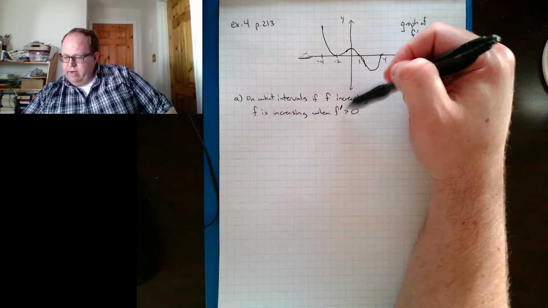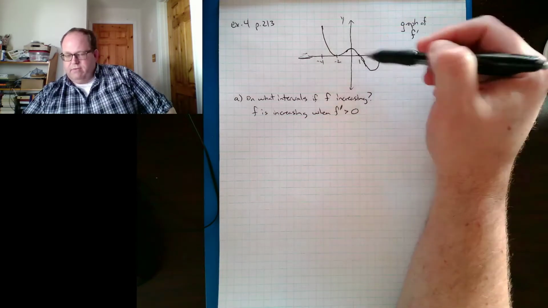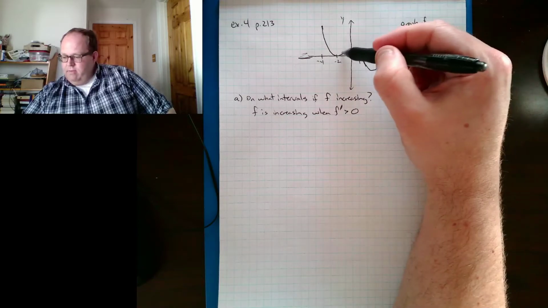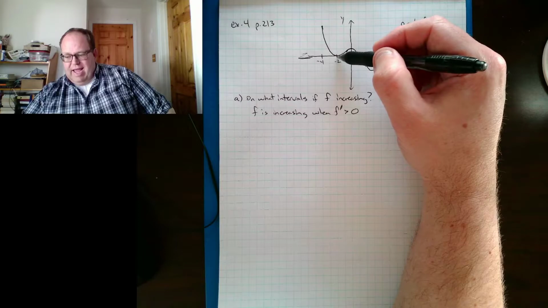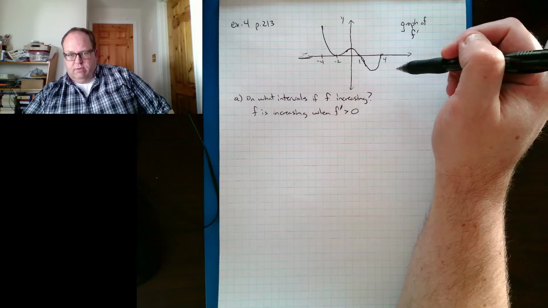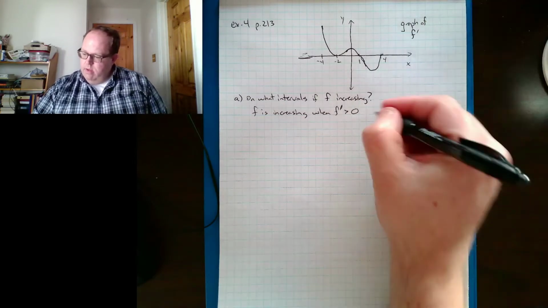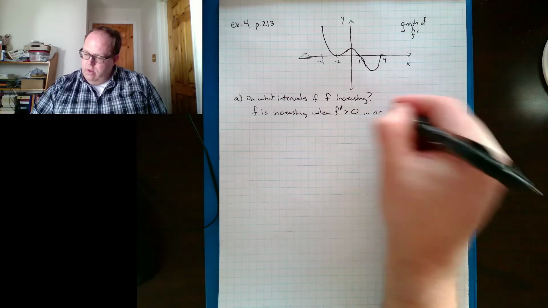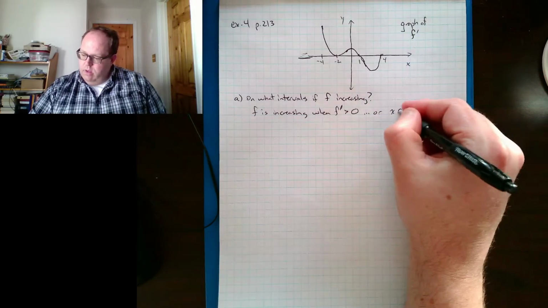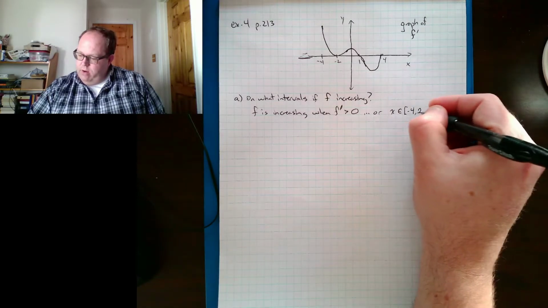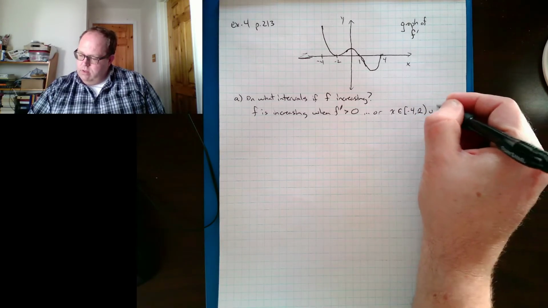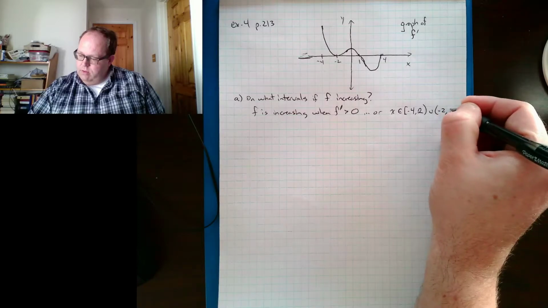That is greater than 0 from -4 to -2, and from -2 to 1. Not including -2, because at -2 my derivative is equal to 0. Or when x is in the set from -4 to -2, join with the set from -2 to 1.